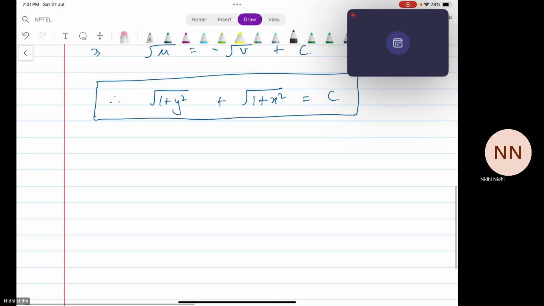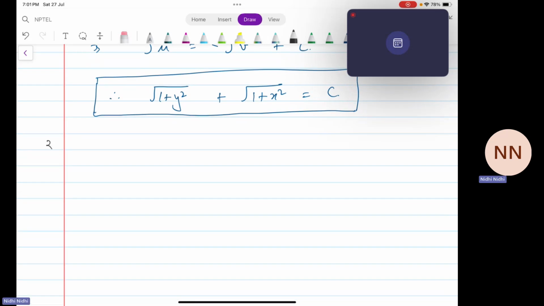So our next question is: solve dy by dx equals to minus under root 1 minus x square upon 1 minus y square. Again, clearly we can separate the terms involving variable x and variable y on either side of the equation.